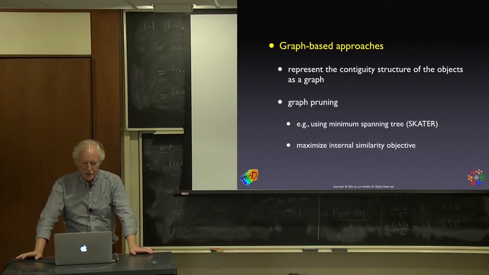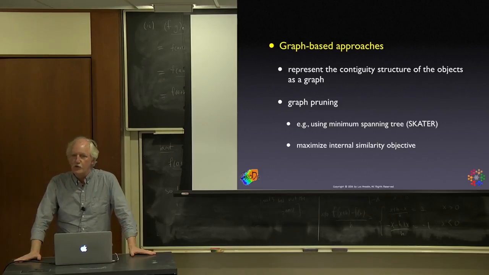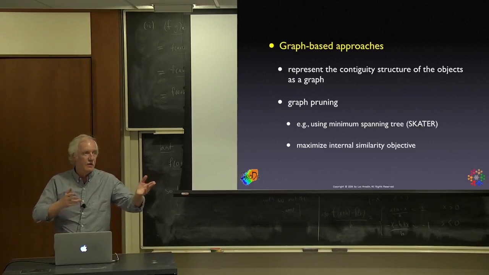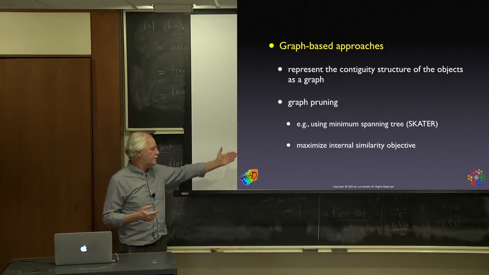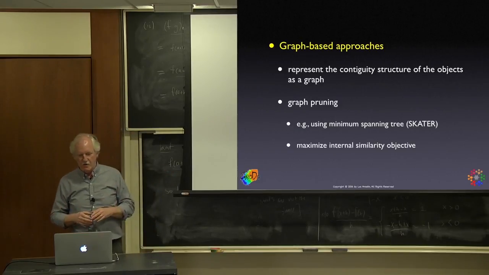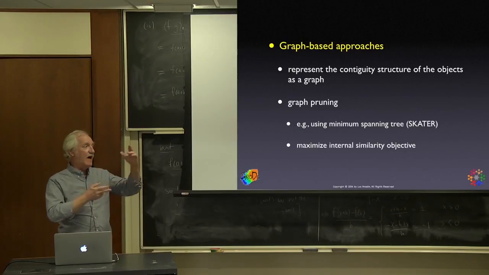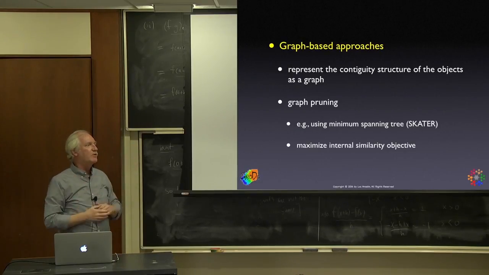The graph-based approach: you introduce the contiguity structure as a graph, as we've done when we talked about the weights, and then you prune the graph, meaning you cut it. One technique is called SKATER. You just cut the graph so that the groupings that you end up with are internally the most similar.